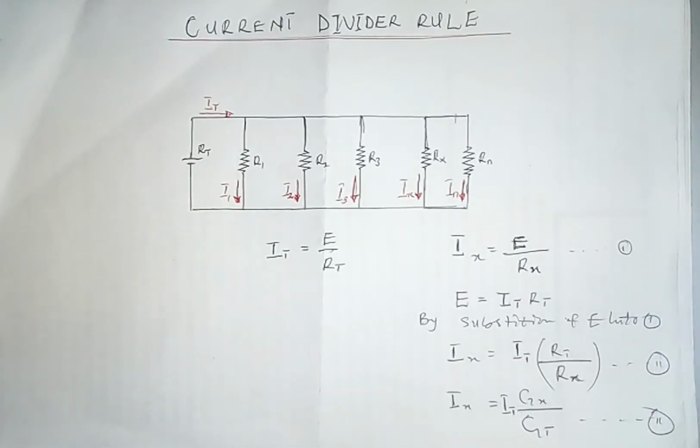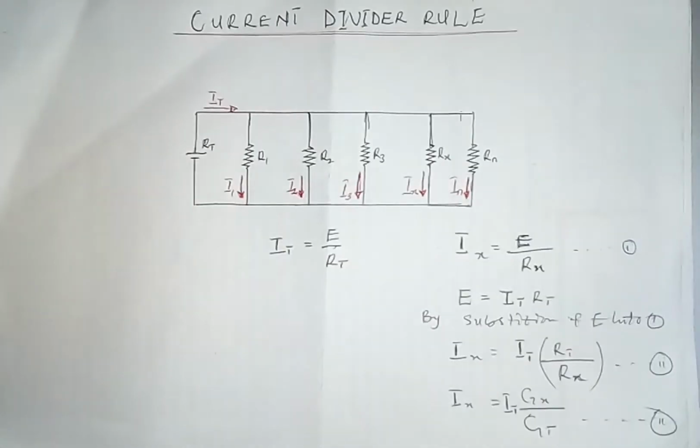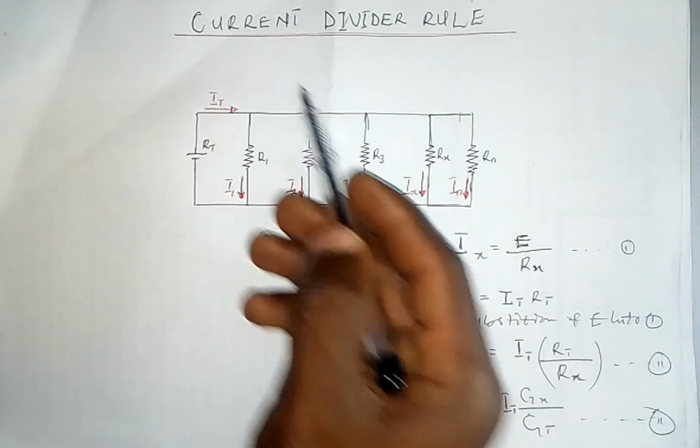Let's not be mistaken with this law and the VDR. The current divider rule allows us to calculate the current in any resistor of a parallel circuit or network if we know the total current, IT, that enters the network from the start.